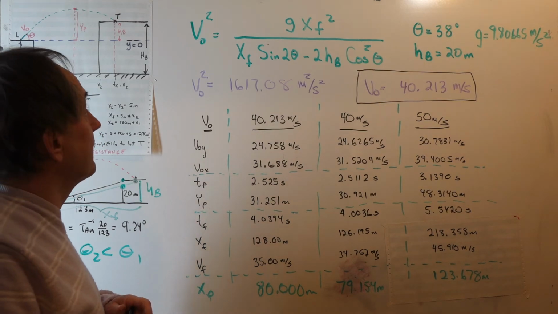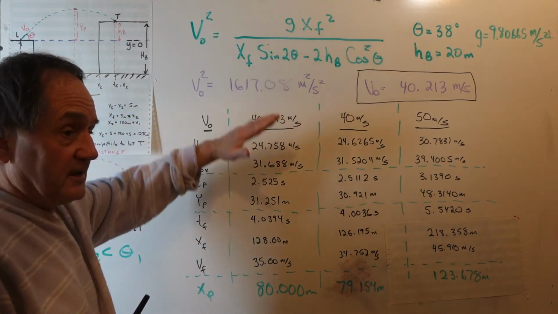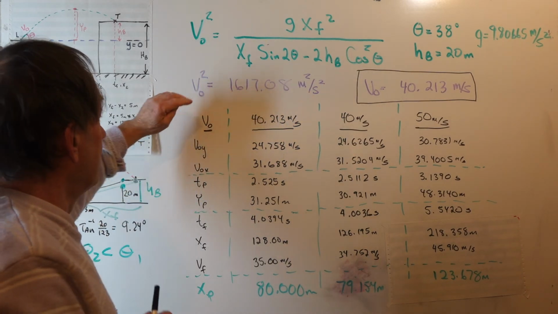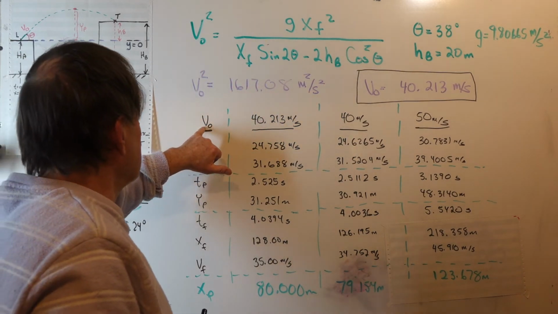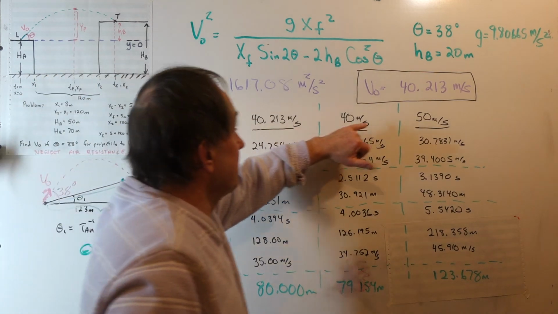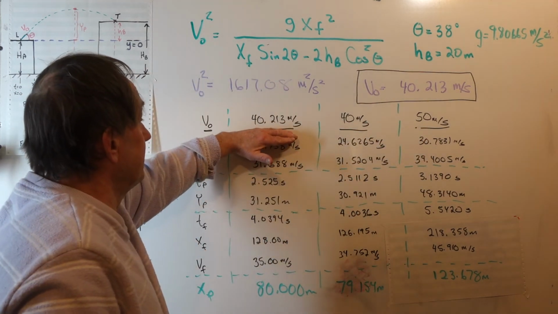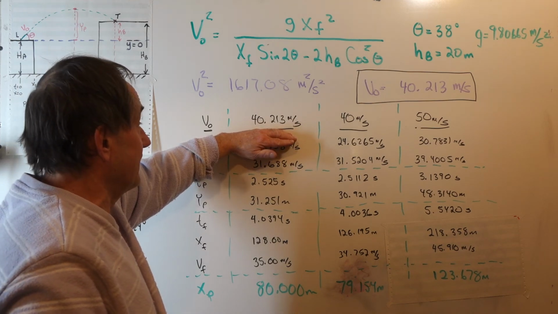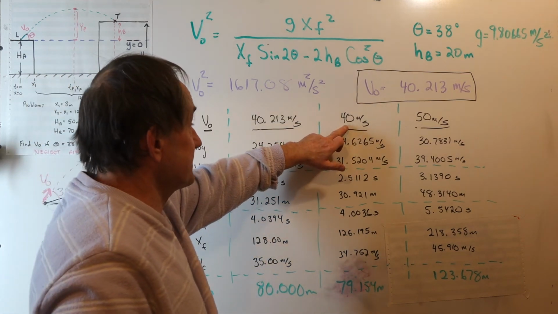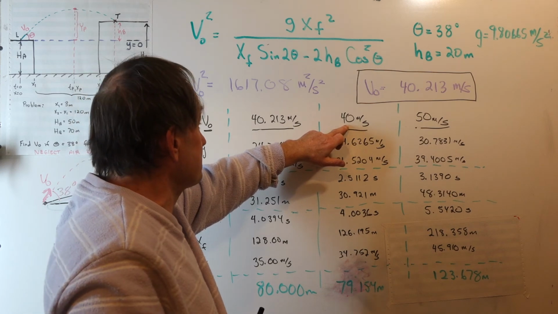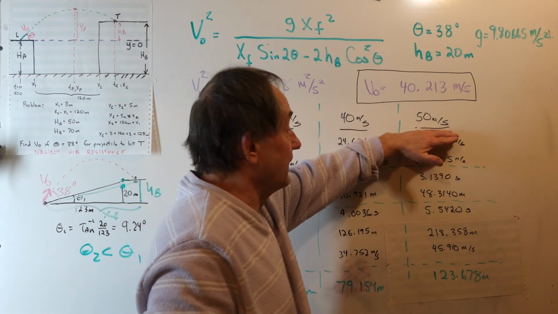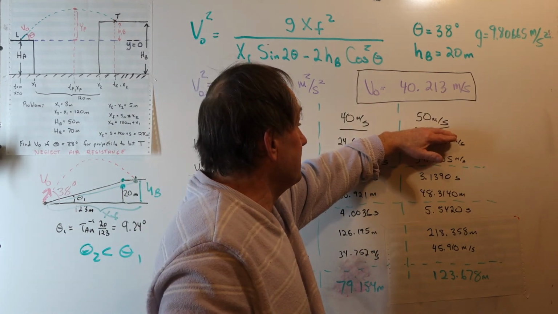Now what I've done here is I built a table, and you can use it to check yourself on various parameters using the equations that we've derived. I have three different initial velocities. Here's the one that we just solved for, that we need to shoot the projectile at in order to hit the target. Here's something just a little bit less, 40 meters per second rather than 40.213, and then one a bit higher at 50 meters per second.